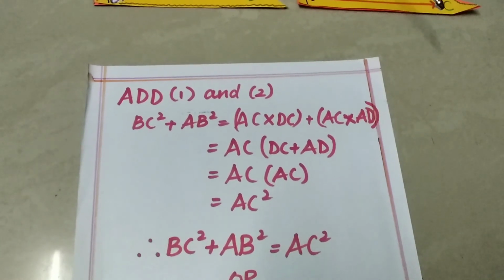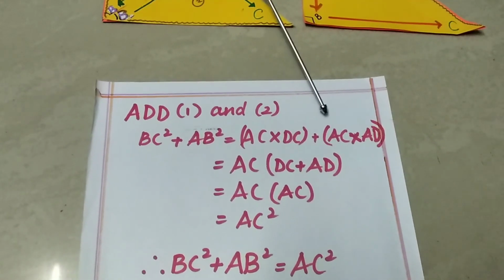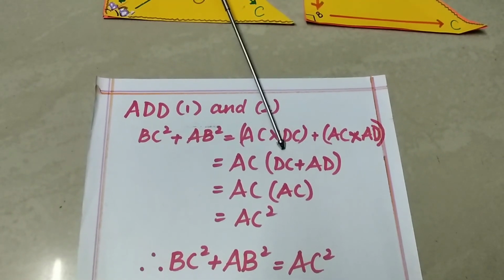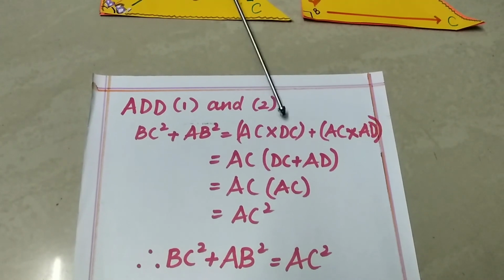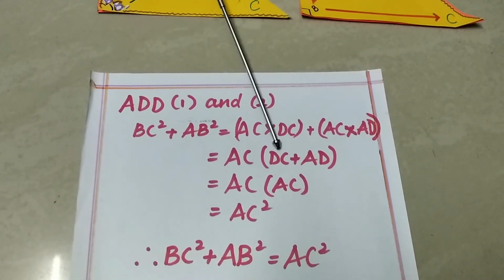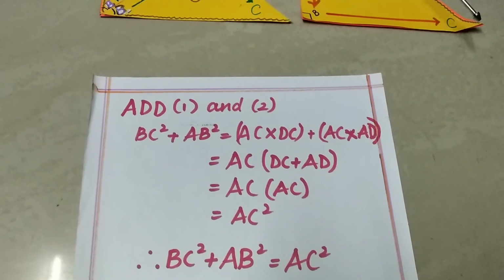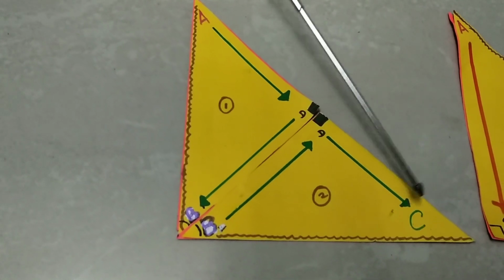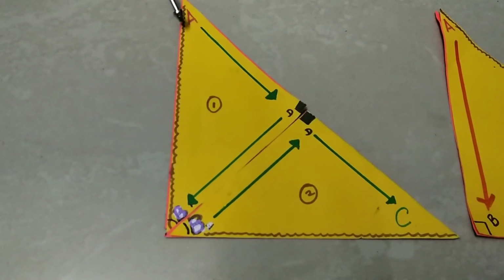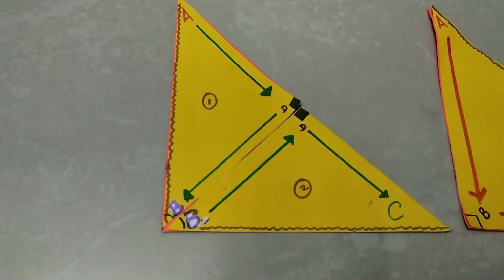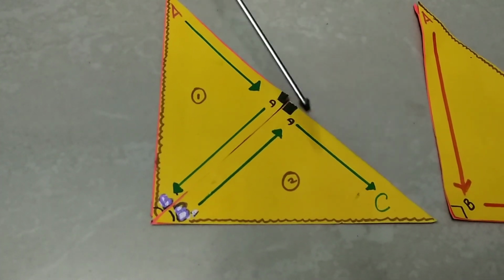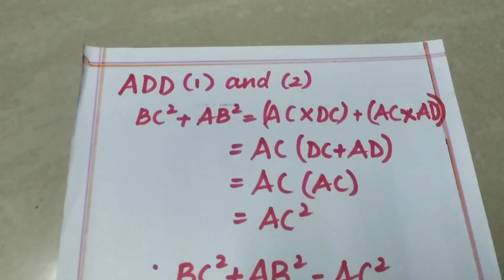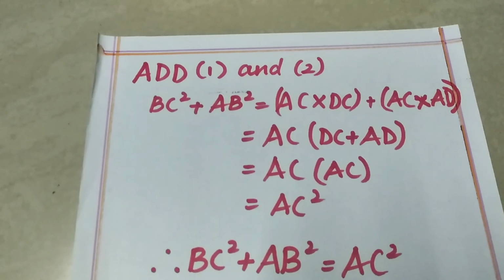Now you can see that in both of these AC is common. Take it outside and put it as common. What remains inside is DC plus AD. Now DC plus AD is equal to AC.